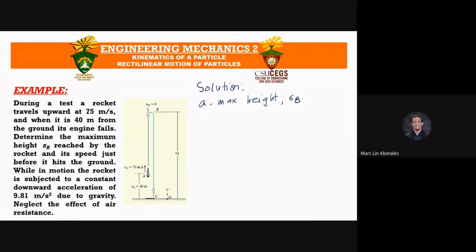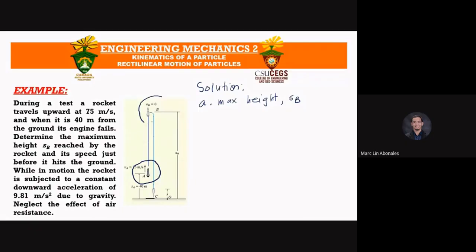So this one is point A. Then as it goes upward, it ends here at point B. So it is from point A to point B. And at each point, we identify the given values based on the problem.